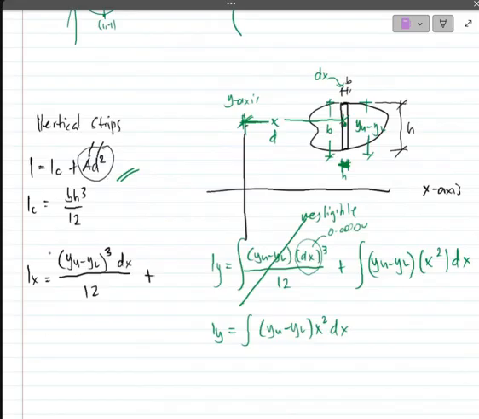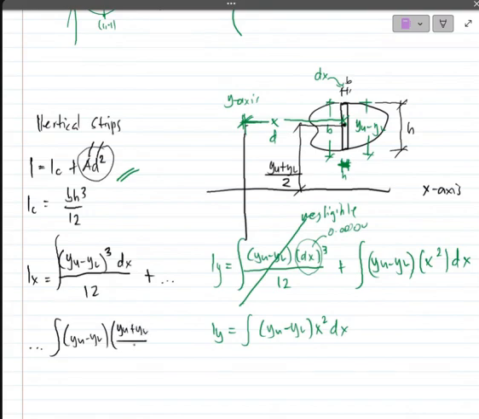That's this portion, the area, which is y upper minus y lower. Now, our distance to the center of our strip, measured from the x-axis, is y upper plus y lower all over 2. And this is squared, times dx. So this portion is not negligible, because it is the value of our y upper minus y lower.